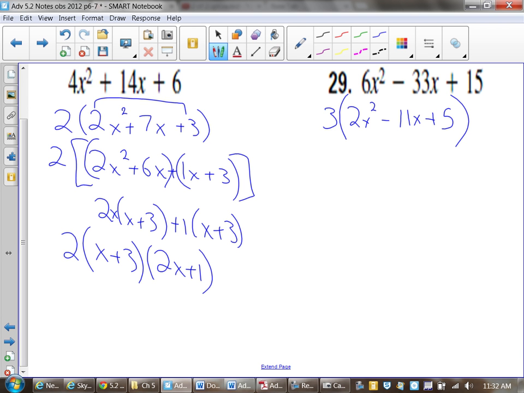What's 2 times 5? 10. What times what is positive 10 that I add together to get negative 11? Negative 10 is 6 and 5. Gosh, no. Negative 10, negative 1. Once again, I just have to be careful for my second negative. Factor by grouping.